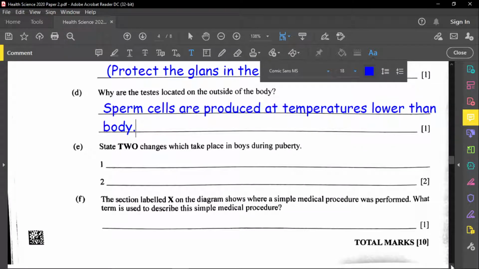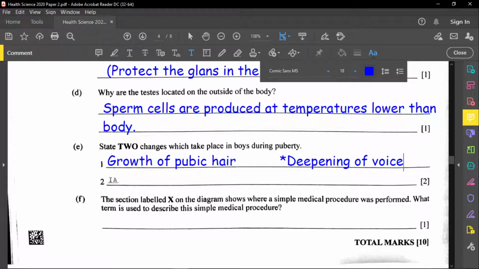And so part E now says, state two changes which take place in boys during puberty. There are a number of things that can happen to boys during puberty. One is that they can start to grow pubic hair, so growth of pubic hair. Another one could be deeper voice, the deepening of voice.